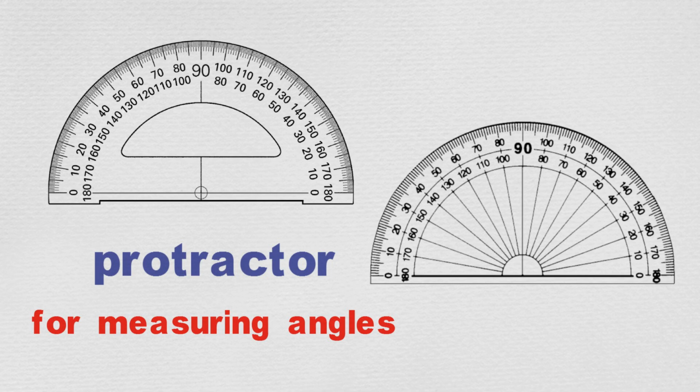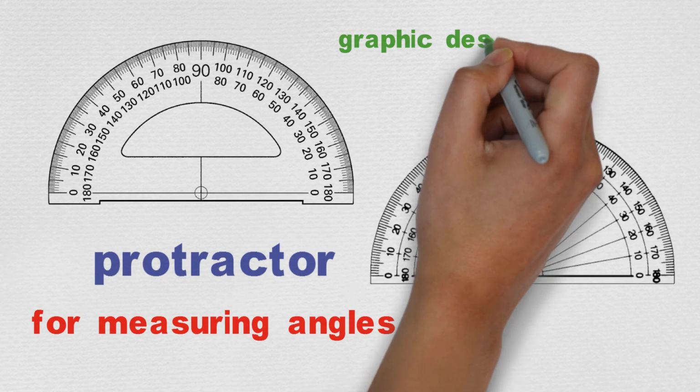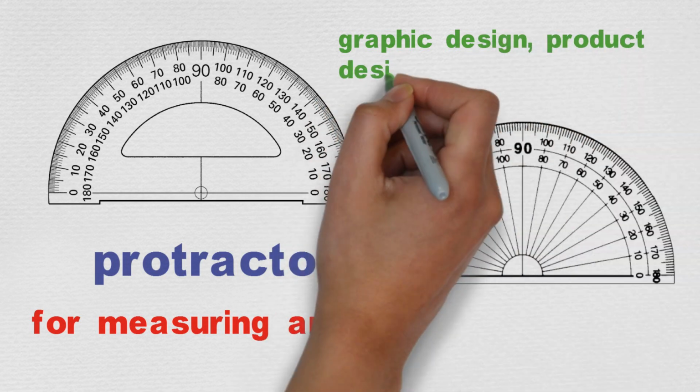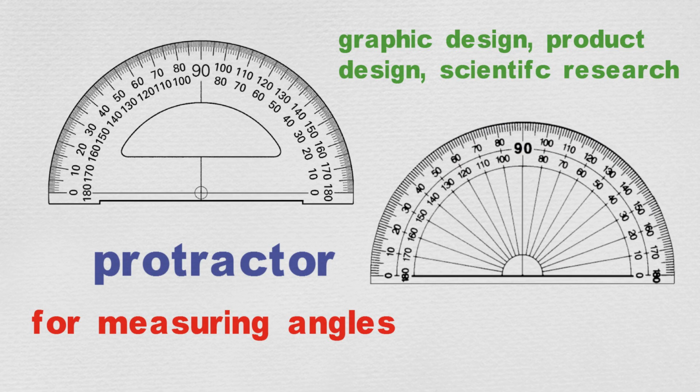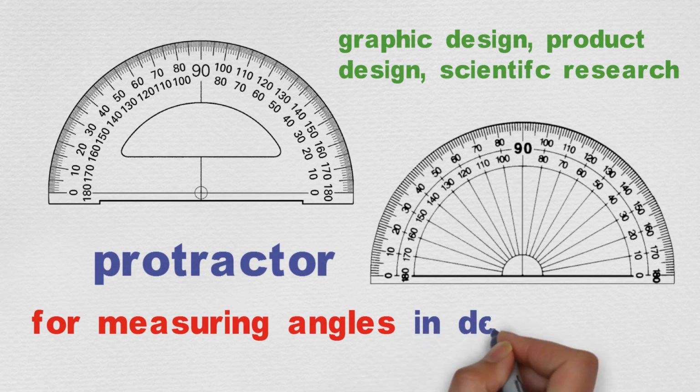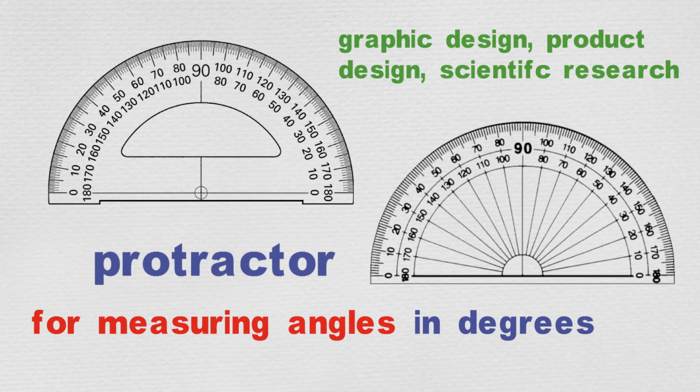In construction and in many other fields, such as graphic design, product design, scientific research, etc., it is very important that we use angles accurately. When we measure angles, the units we use are called degrees.